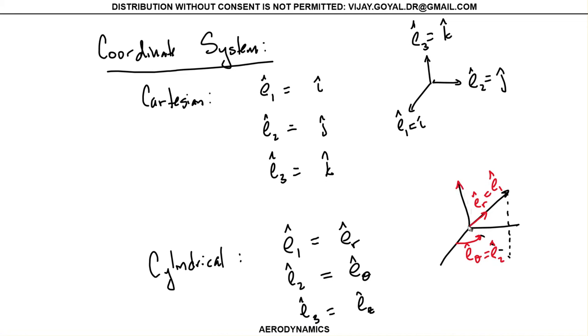And then everything along the perpendicular axis would be my E Z. That would be E3. Okay? So those two coordinate systems end up being very, very important, and we will talk about them as we move along.